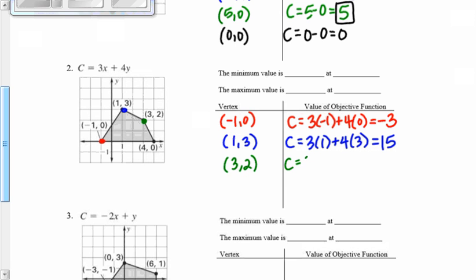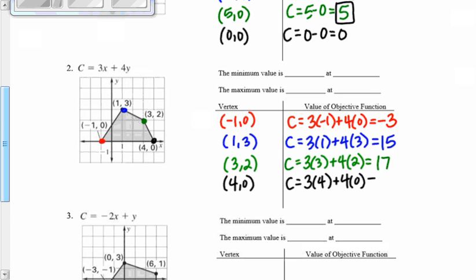Plugging it in. So this would be 9 plus 8, which is 17. And then our last point at 4, 0. Three times 4 plus 4 times 0. So this is 12 plus 0, which is 12.